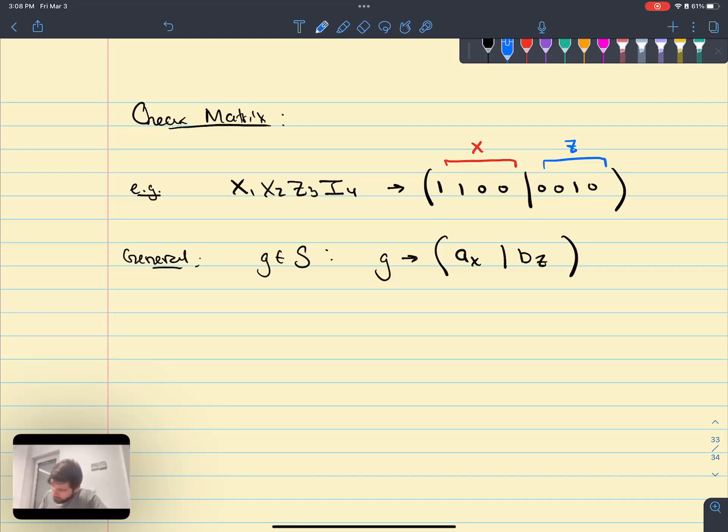Here I have n bits, and here I also have n bits. And there's one piece that's missing, which I can append here if I want to, which is the overall sign of G. It could be plus or minus. So I could also write an overall sign R, and so there's one additional bit.